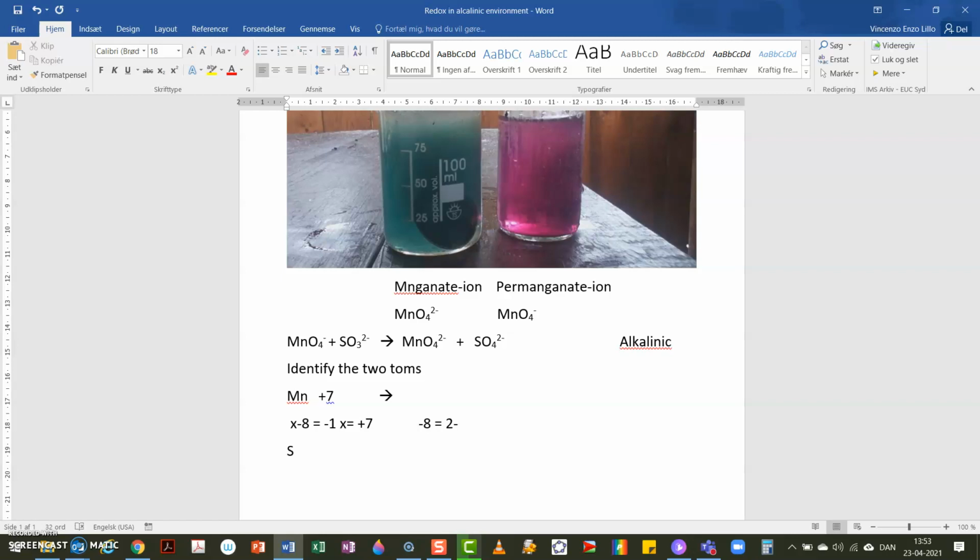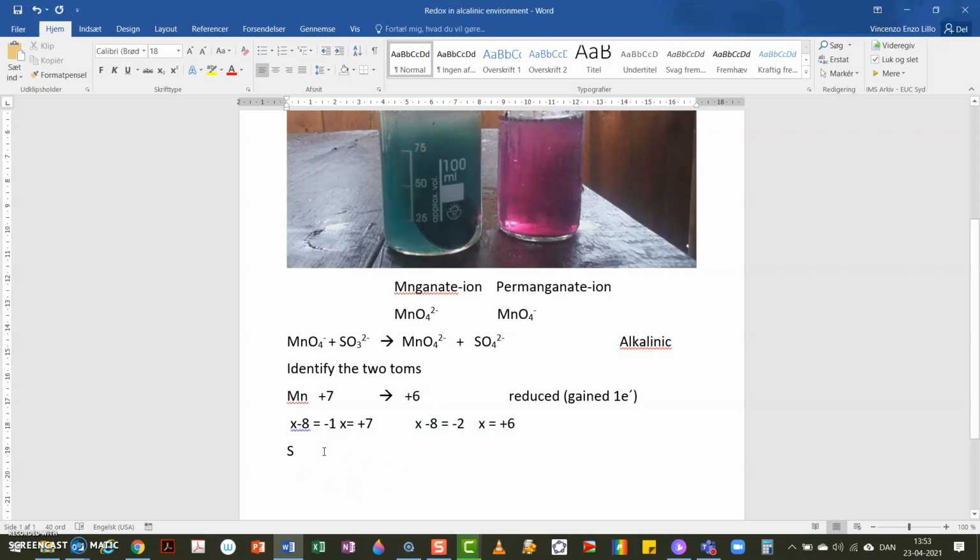And still, the manganese will be X. That means that the manganese, in this case, has an oxidation number of +6. So the manganese goes from +7 to +6. That means it has been reduced, has gained 1 electron.